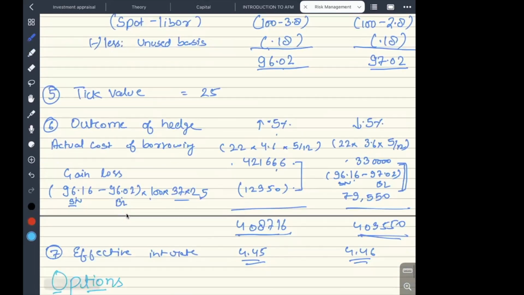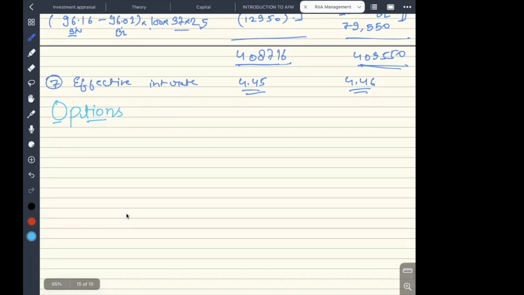Okay, let's start solving. Options page, there are certain steps that you have to always read. You have to write it down. Number one, exercise price of options.